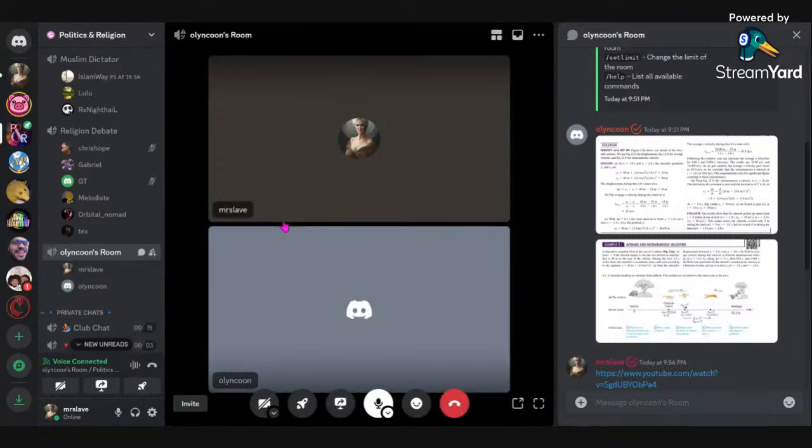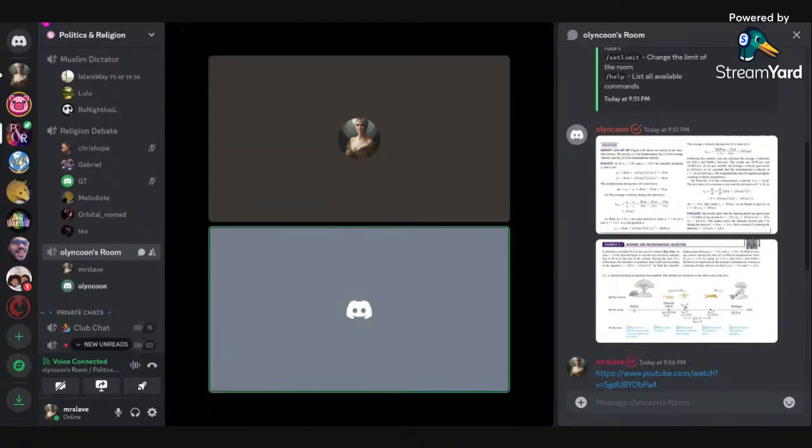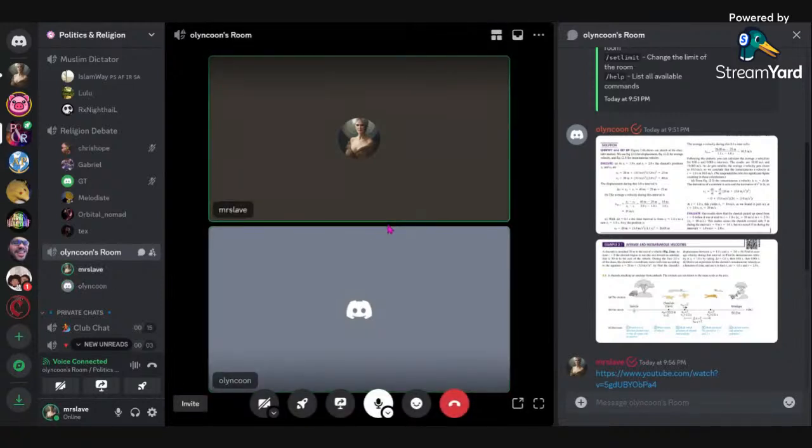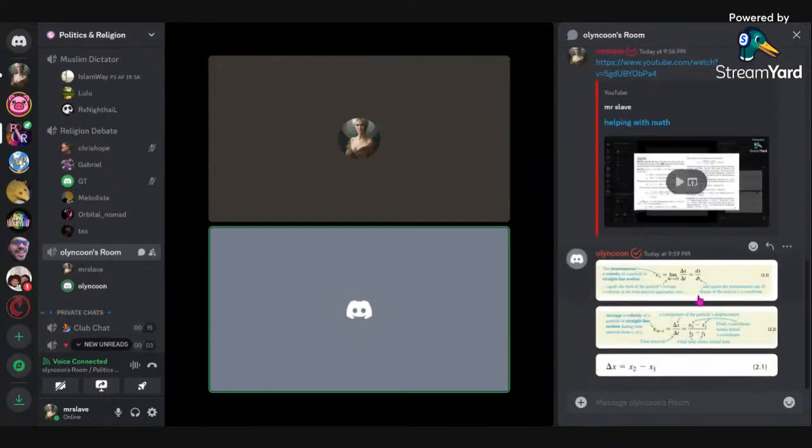What it wants you to do to find instantaneous velocity is take two values. For instance, if you're trying to find the instantaneous velocity at 1.5 seconds, you take 1.5 seconds and 1.6 seconds and put them into equation 2.2.